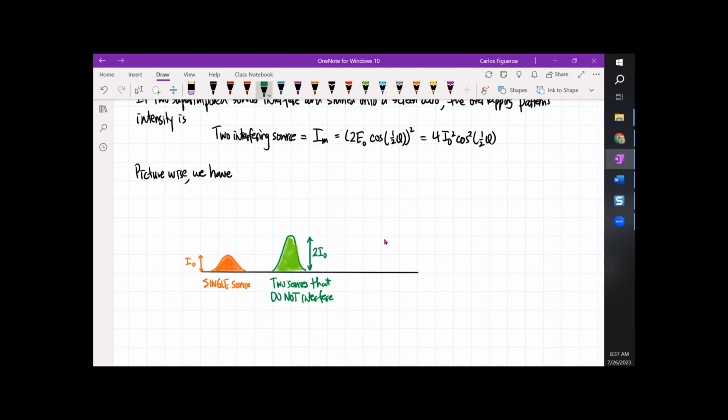Now the beauty of this whole thing is this guy. Now, if I have two sources that do interfere, what do we see? We see that they're able to move energy from dark to bright locations.